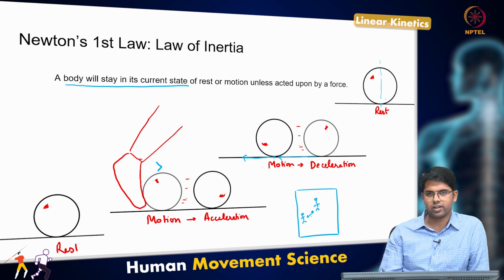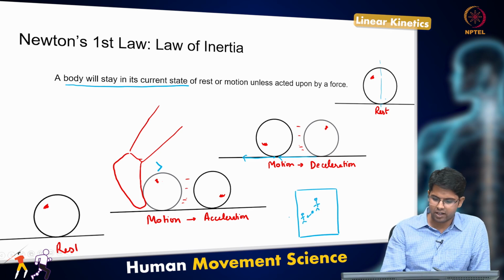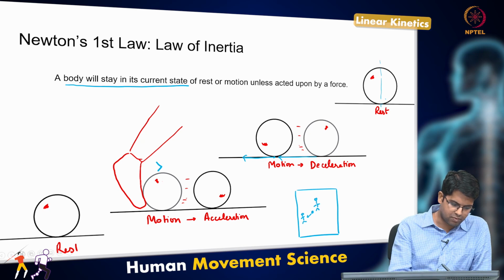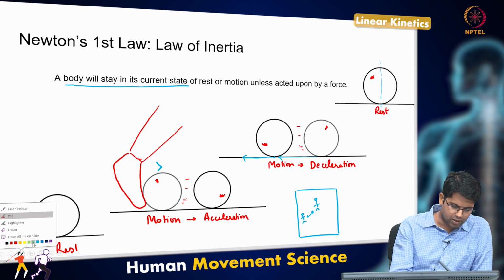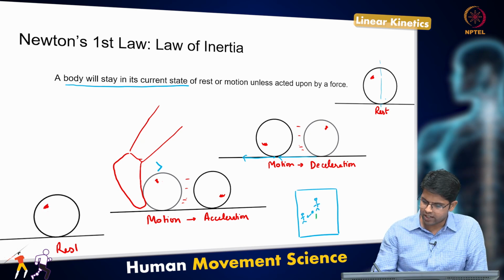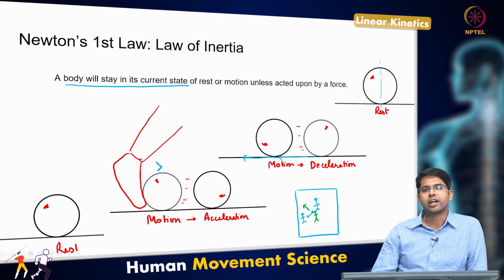But if someone intervenes in between and kicks it in another direction, say the opponent, then this ball will change its direction. So that external force, that external agent, was necessary to change the state of the motion of the ball.